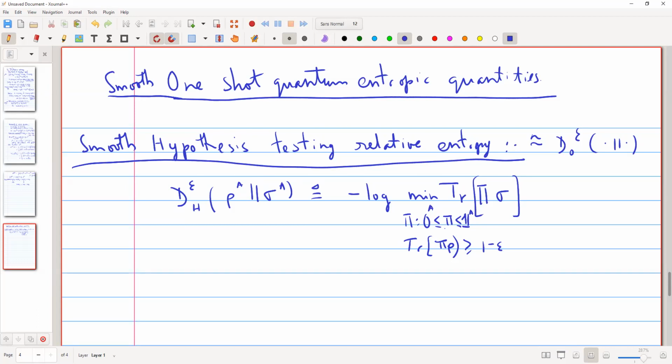This is the partial order on Hermitian operators. So 0 less than or equal to pi is just compact notation to say that pi is a positive semi-definite matrix.